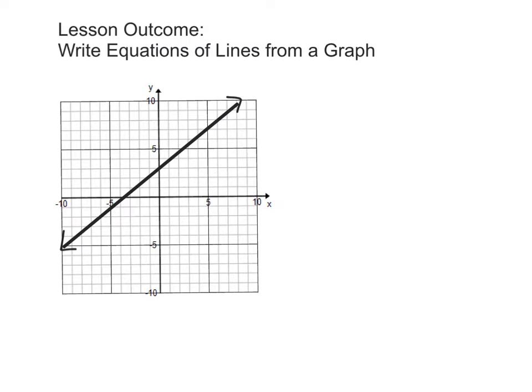So on this coordinate plane here you see a line, and there are actually two different forms of linear equations that you could use right now to write your equation. One of them is slope-intercept form.